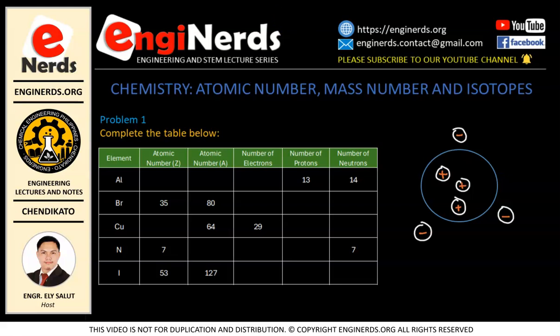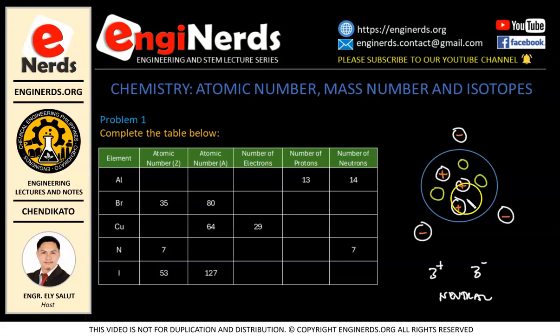As you can see, we have a positive charge of 3 and a negative charge of 3. That is why our overall charge is equal to 0, or we call that neutral. That means the charges are equal to 0. Aside from the proton inside the nucleus, we also have what we call the neutron.